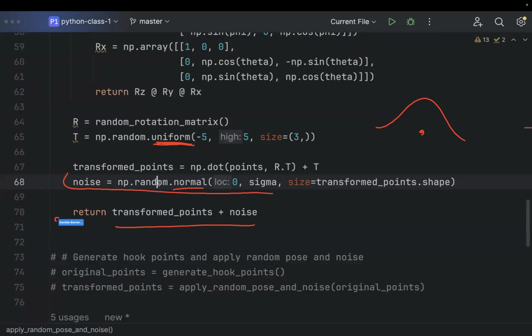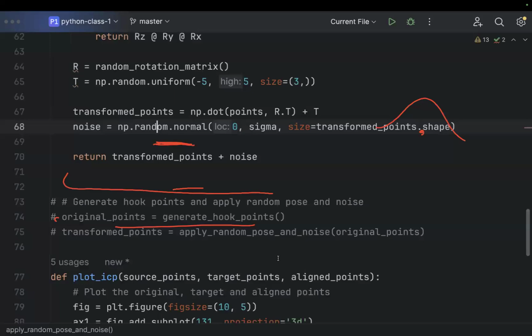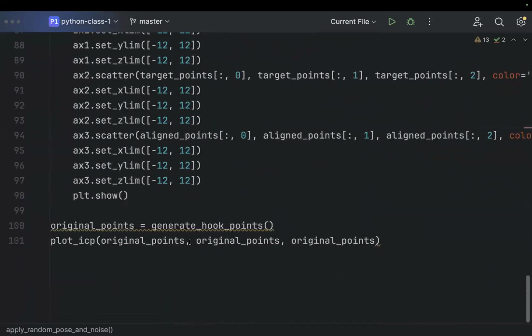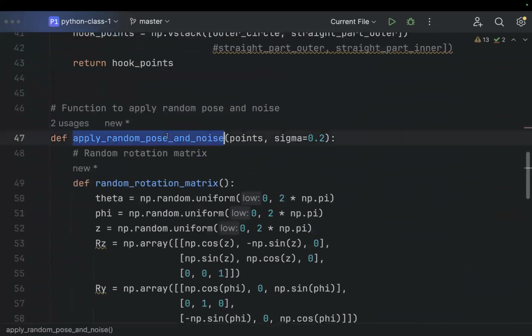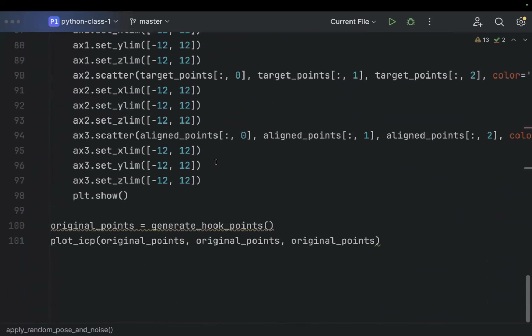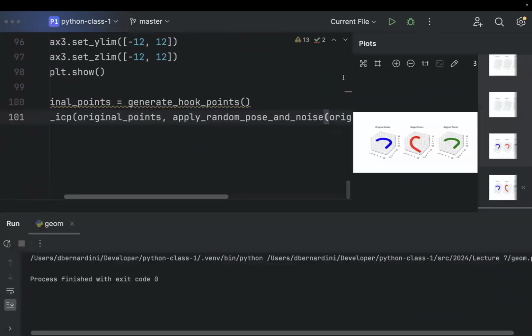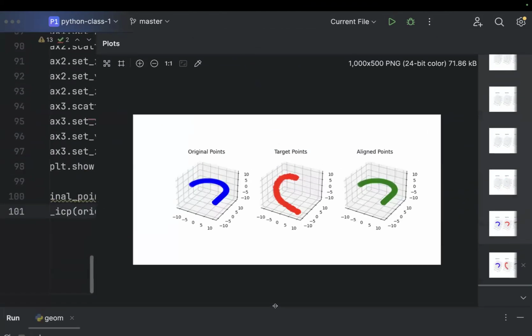And this will create a new hook somewhere, which we're going to see. So the hook function. And you see it's a bit wobbly.